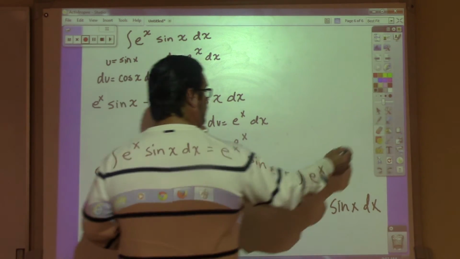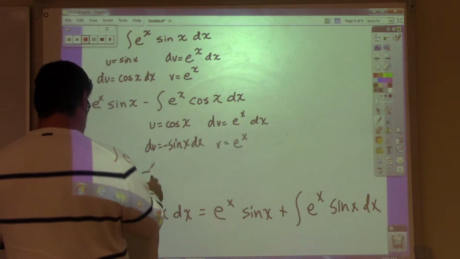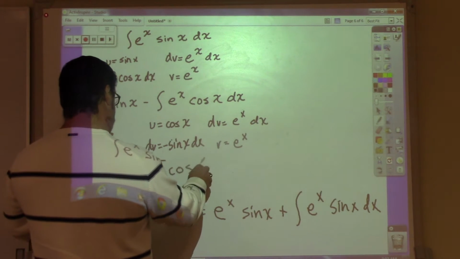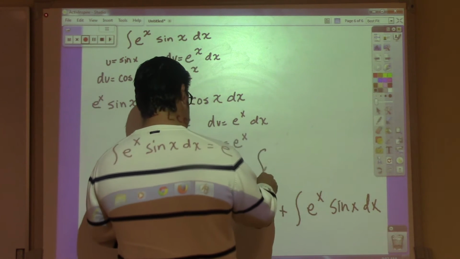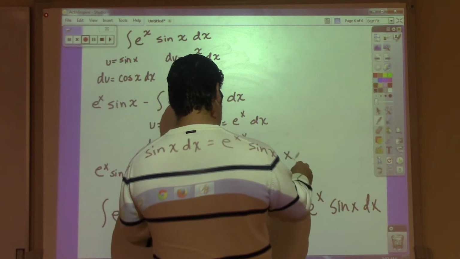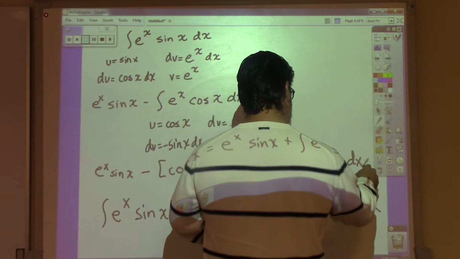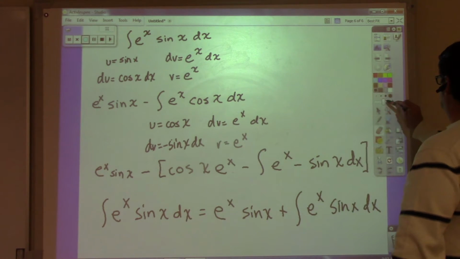Minus, that's what happens when you don't follow your notes. Minus cosine x e to the x minus the antiderivative of e to the x times minus sine x dx. Just erase that bottom part so I don't get mixed up again.